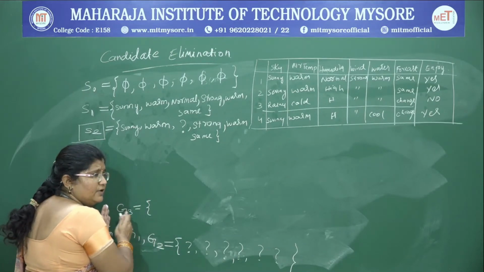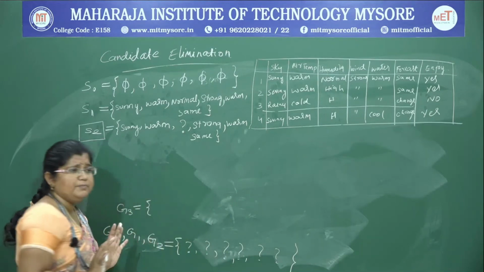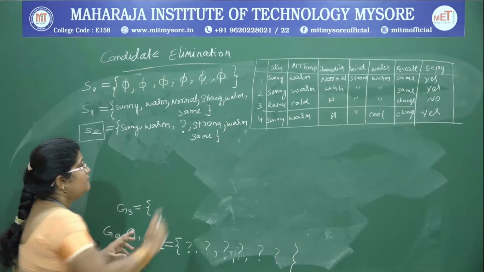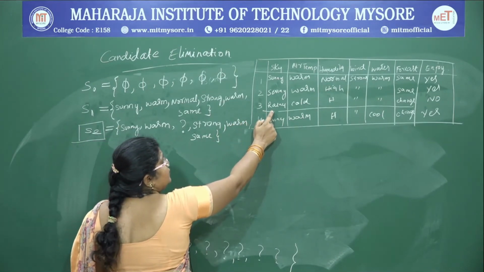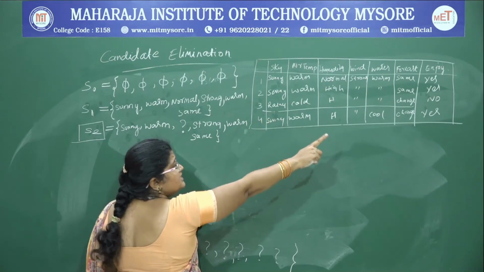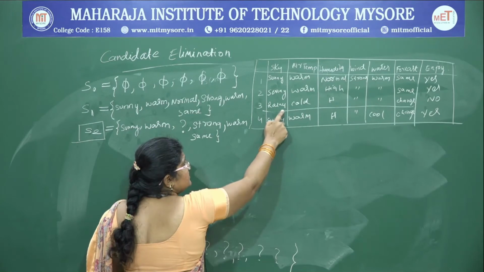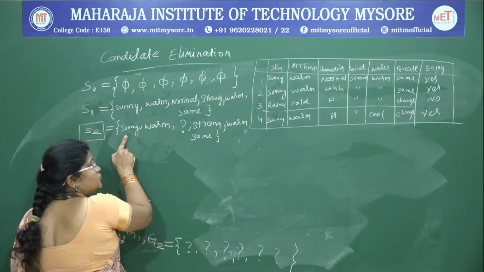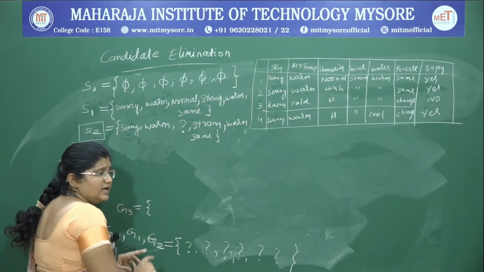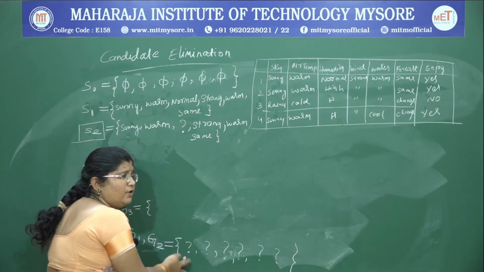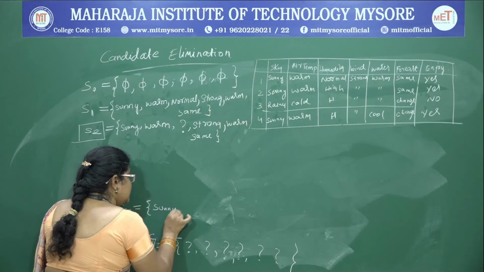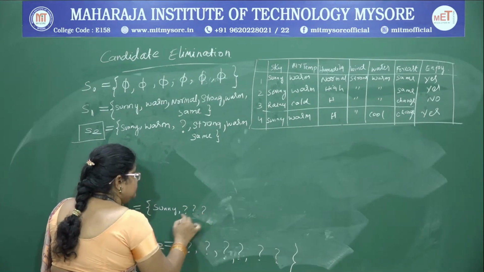In this G3, we are going to come across a set of hypotheses indicating specific hypotheses. First, the first attribute value of the third example, whose target concept is no, is rainy. When you compare with the S2 hypothesis, it is sunny. So rainy will be replaced by sunny, so that instead of general form we make it specific. So sunny and the remaining question marks.